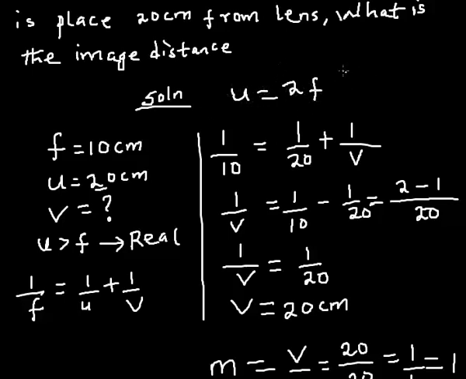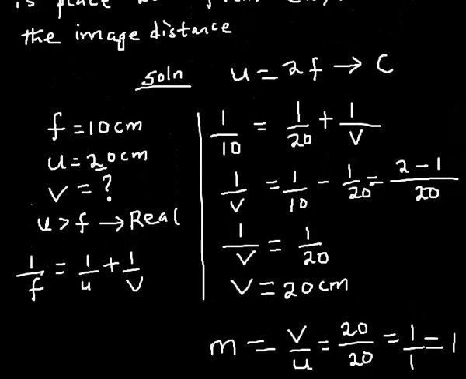Compared to a mirror, 2 times the principal focus is the same as the center of curvature. When we treated mirrors, we said that whenever an object is placed at the center of curvature, the image will be formed at the center of curvature, and the image will be of the same size as the object. So that is just that.